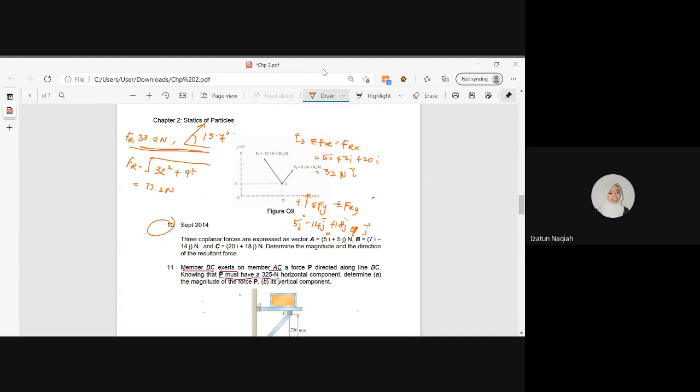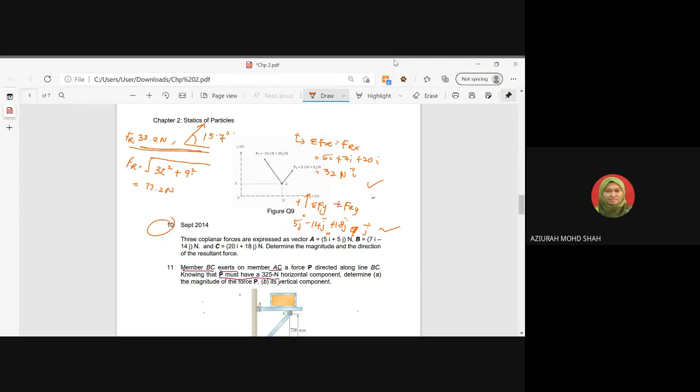Sebab tak lebih dari 90. No. That's not the one. Because this is positive. You get the component X positive, component Y also positive. So we know that it is in first quadrant.